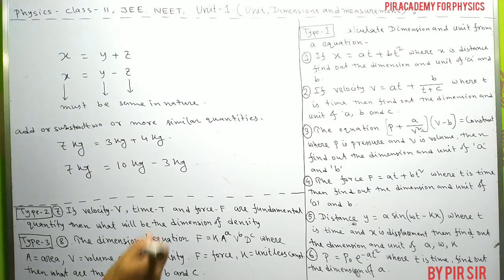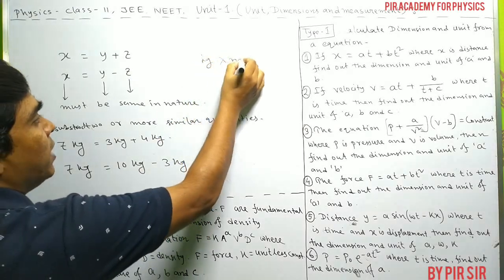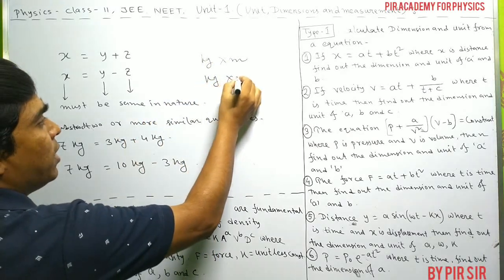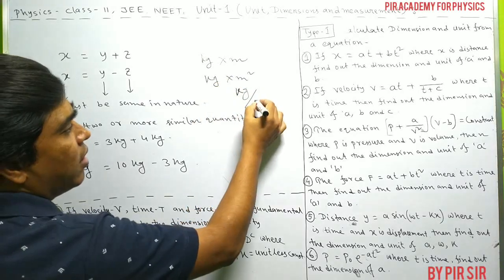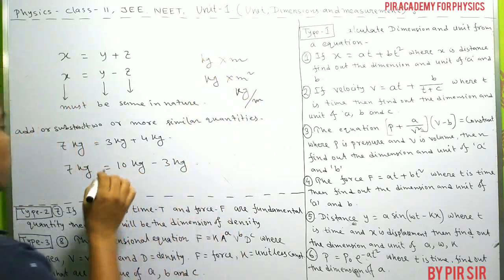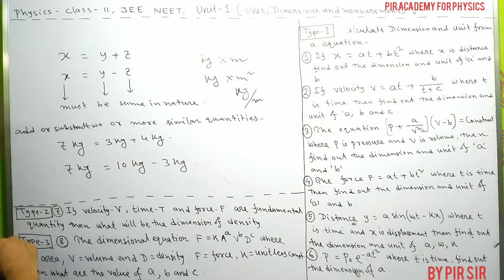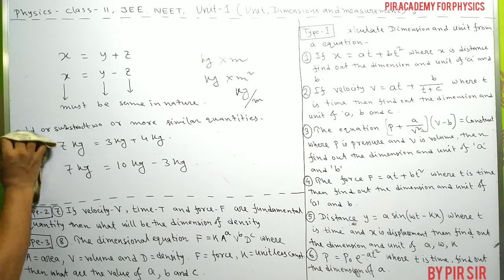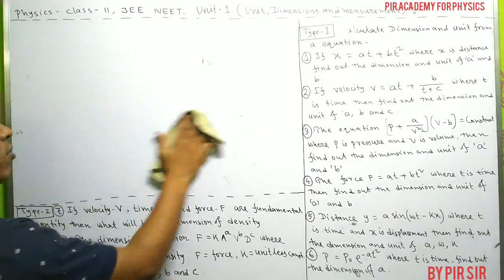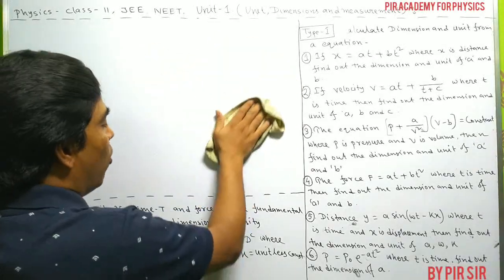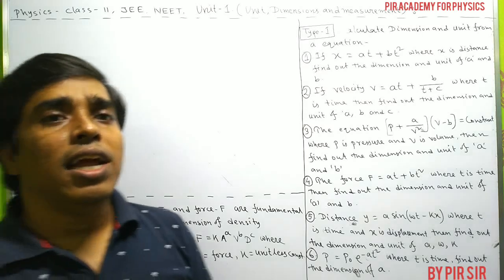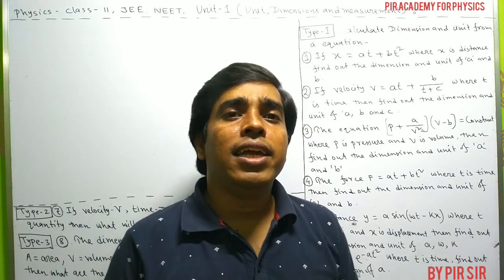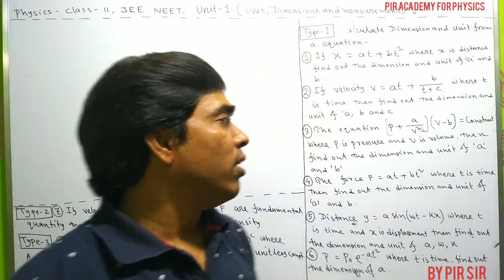You can multiply kg with meter square, and you can also divide kg by meter, but you can only add or subtract two similar quantities. This is the theory of homogeneity.